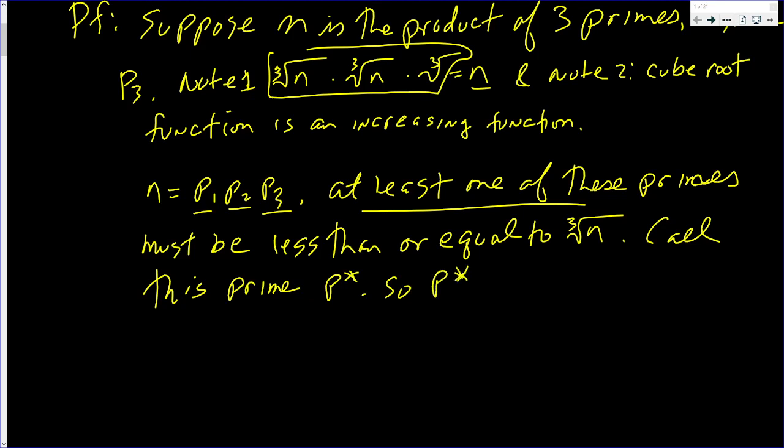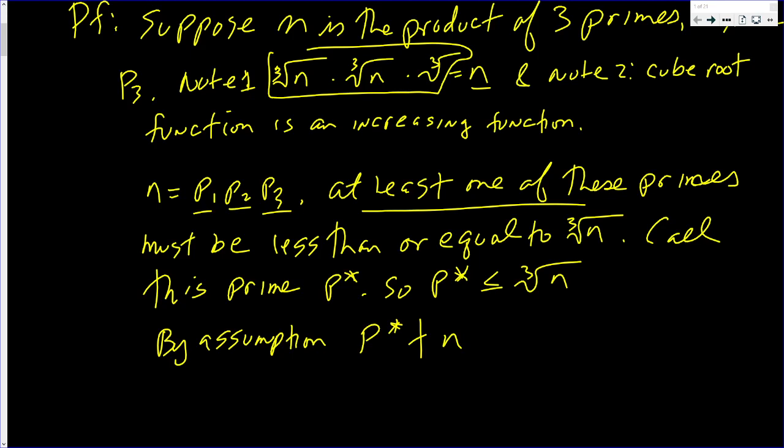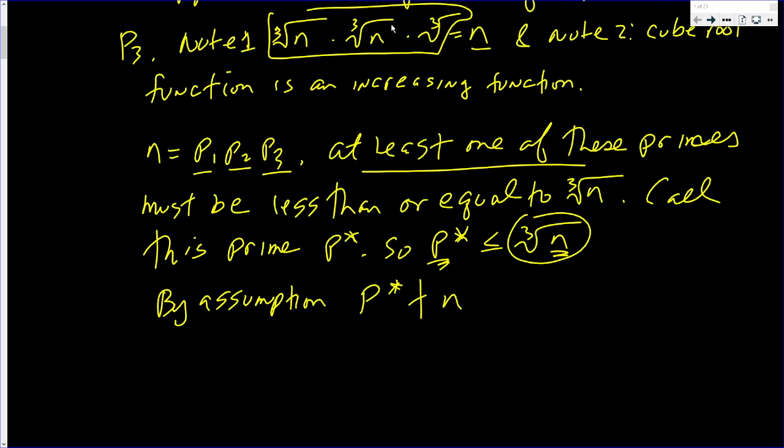So P star is less than or equal to the cube root of N. By assumption, P star does not divide N, because none of the primes less than this number divides N. But P star is one of the P sub i's, i going from 1 to 3.